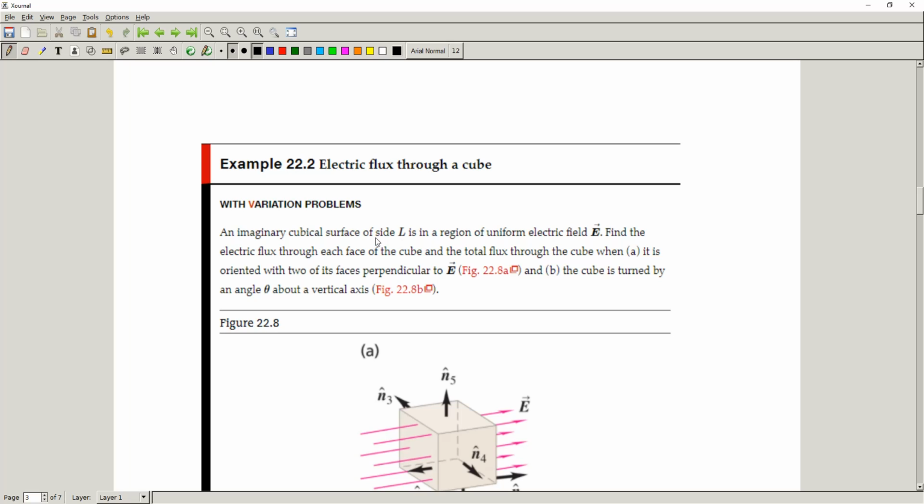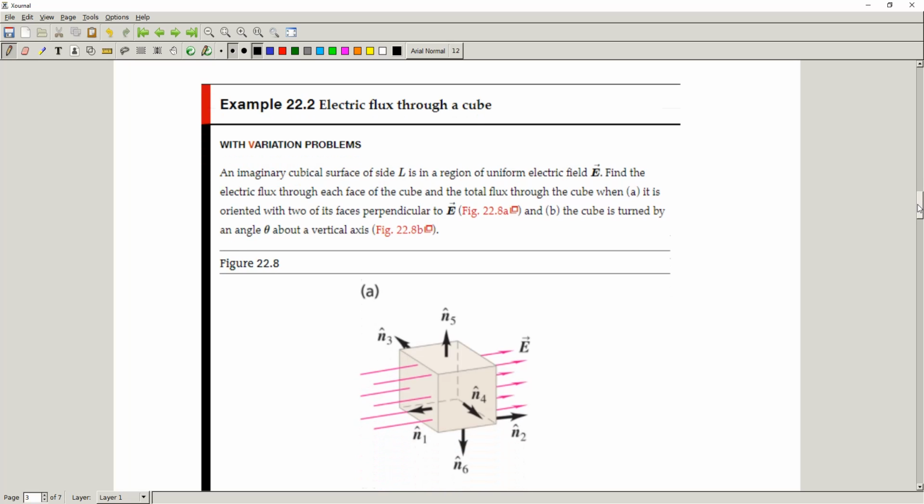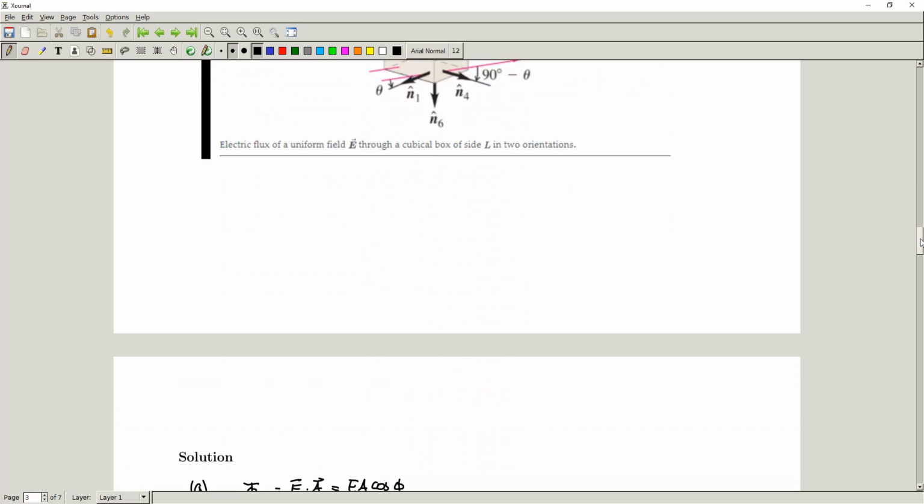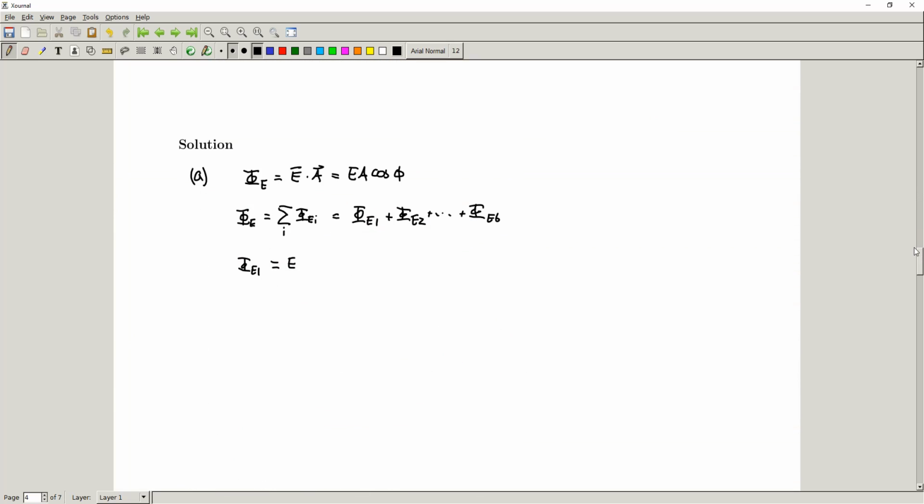But we have our cube of side length L, so the area of any one of those faces is just going to be L squared. So we're going to have E L squared, and this is the angle between that area vector and the electric field. In this case, it's going to be 180 degrees, right? Because they're pointing in opposite directions. So that's going to end up giving us a minus sign, right? This is just minus 1. And so we end up with minus E L squared.